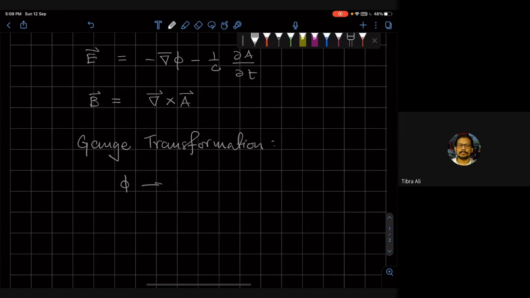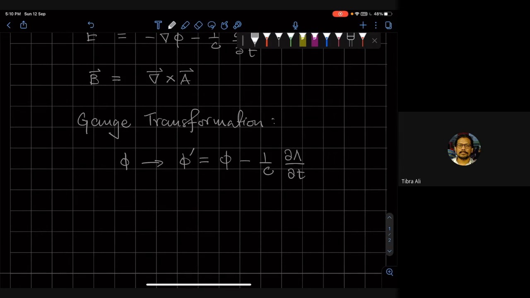So phi, if you change phi to phi prime, where phi prime is the old phi minus 1 over c, this is on dimensional grounds, del lambda by del t, where lambda is a scalar function of space-time, and A goes to A prime, the 3-vector potential, is the old vector potential plus the gradient of the same scalar function, then you can check that E and B are unchanged and your physics remains unchanged.